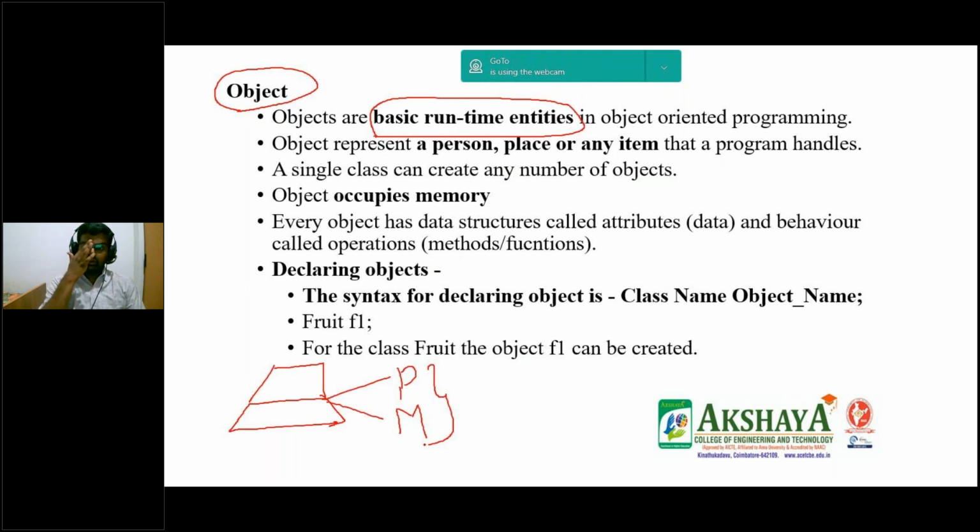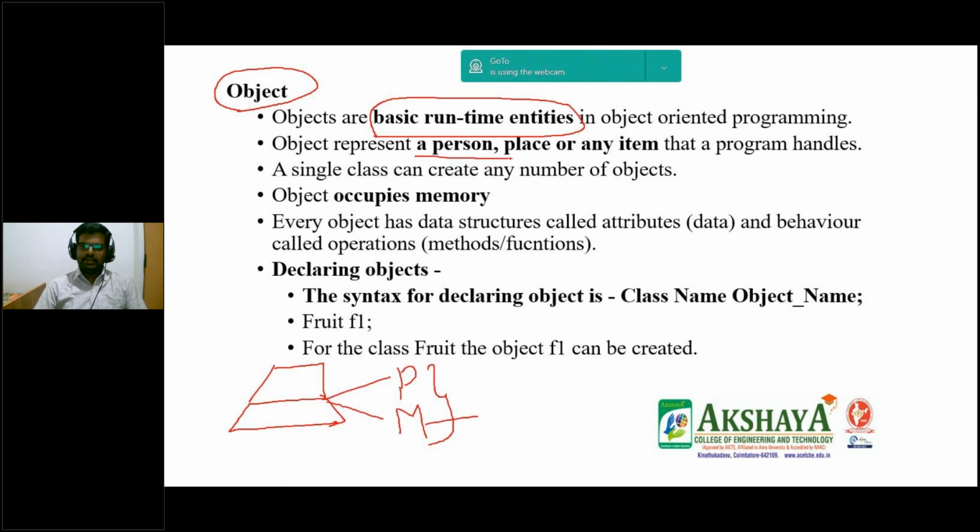That is called method. You can draw a diagram, you can write a code, you can develop an app, you can paint, you can draw a picture, then you can prepare a document. So the tasks that you are going to do with the computer come under methods. Okay, so an object is a basic runtime entity.